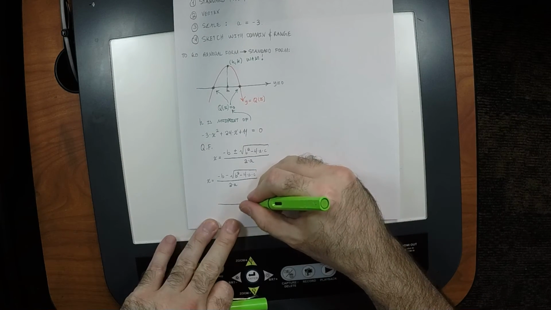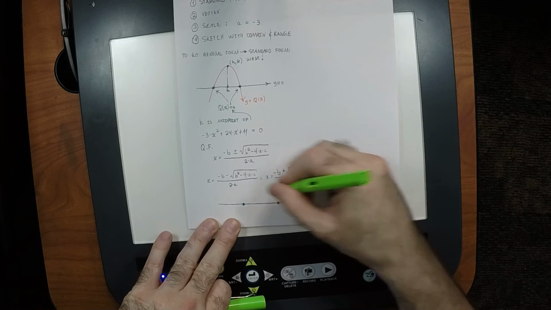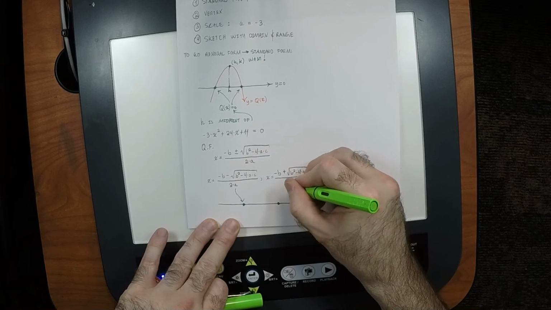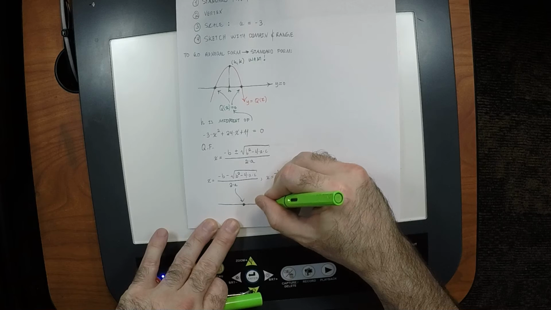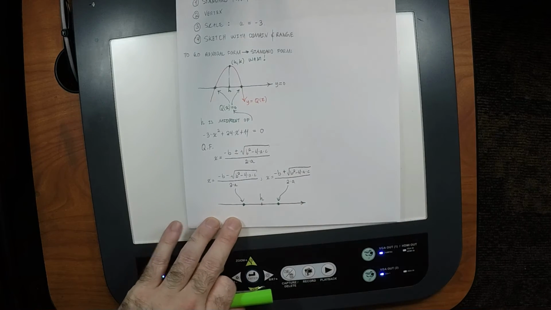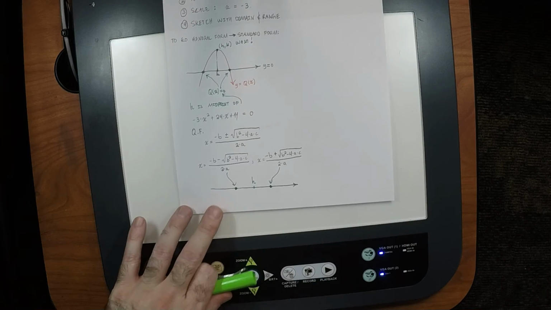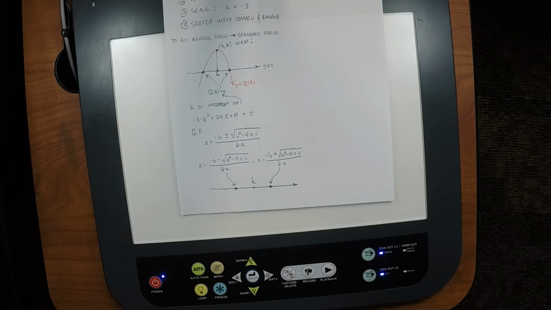They're right here and here. And the thing that we want is in the middle. It's h. So let's just add them up and divide by 2, because that's the midpoint formula.